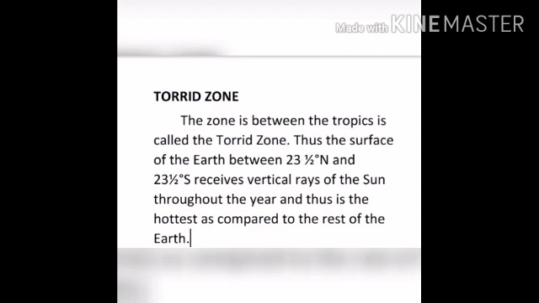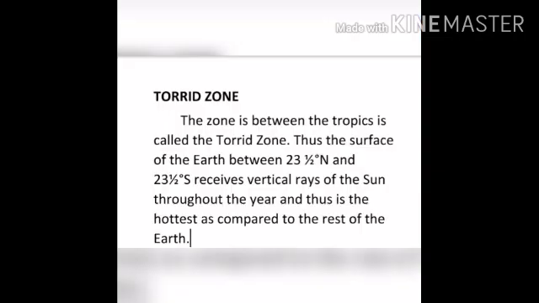This zone gets maximum heat from the sun. Why is it like that? Because the sun rays are always direct on the equator, so this region gets maximum heat from the sun, and here summers are extremely hot and even winters are warm, and the temperature in this region is quite high, that is why it is called the torrid zone.